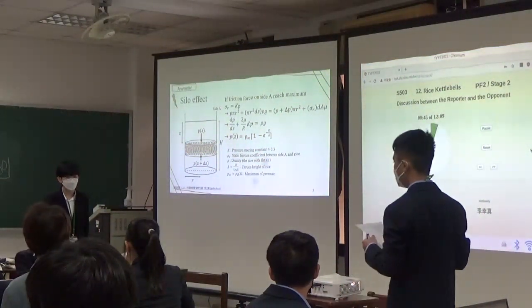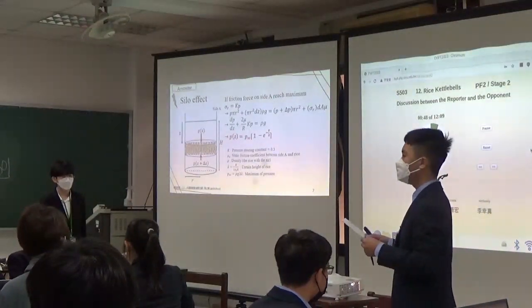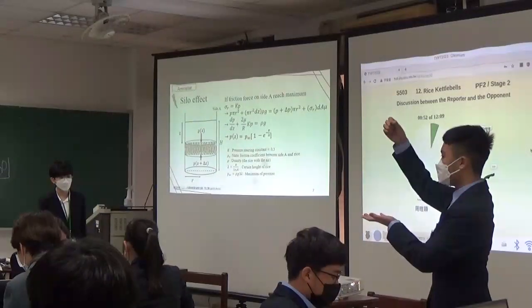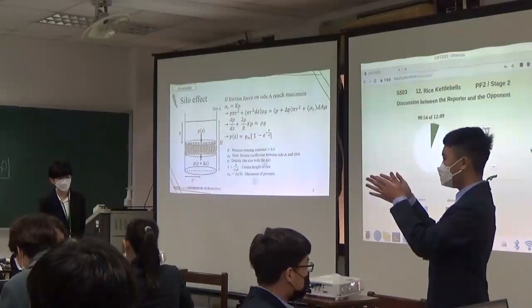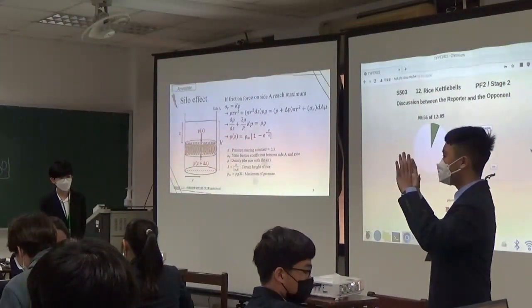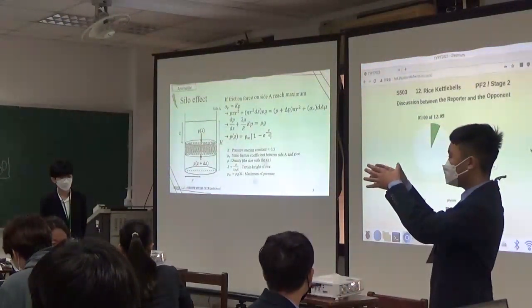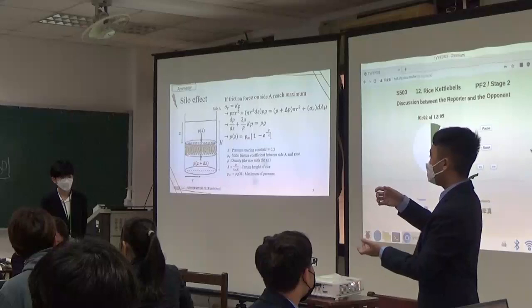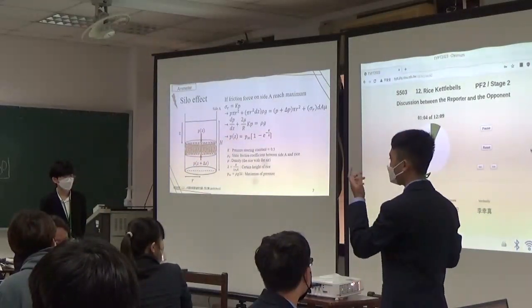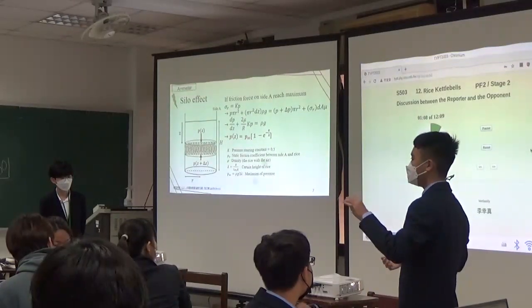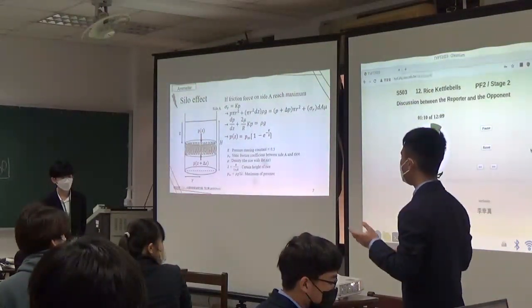Oh, okay. So I would like to explain it qualitatively. When you insert a rod, the rice will be pushed to each side, and it will press the rod, and that's the reason that when the depth is increased, the pressure will also increase.